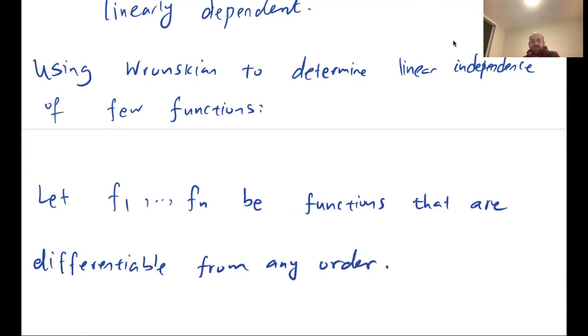So f1 to fn are functions that are always differentiable, differentiable from second order, from third order, they're differentiable of any order, such as most functions that we are familiar with, for example sine x, cos x, e to the x, or polynomials.